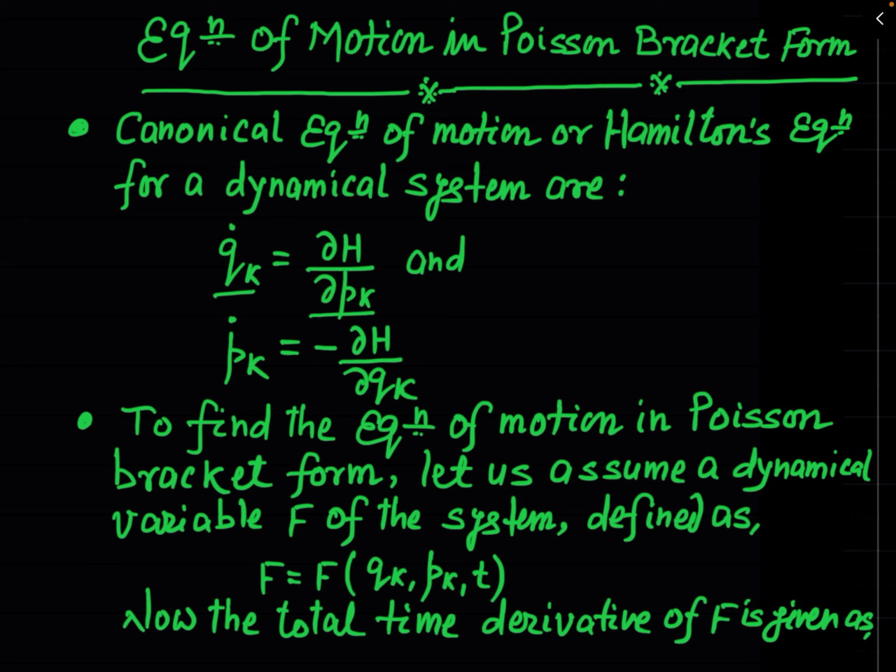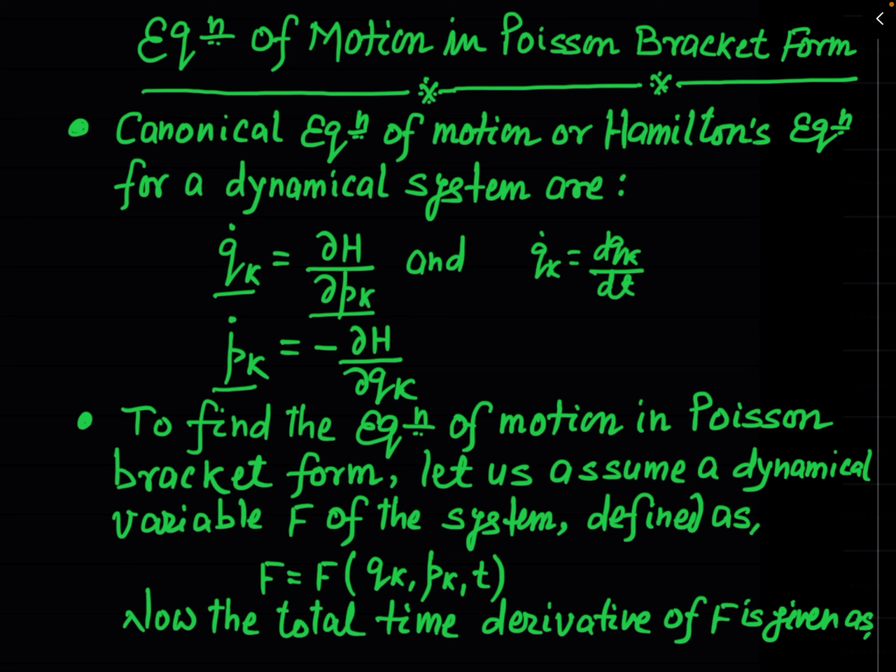Here qk are the generalized coordinates, and qk dot represents the time derivative of qk, that is dqk by dt, also known as generalized velocity. The other equation of motion is pk dot equals minus del H by del qk.